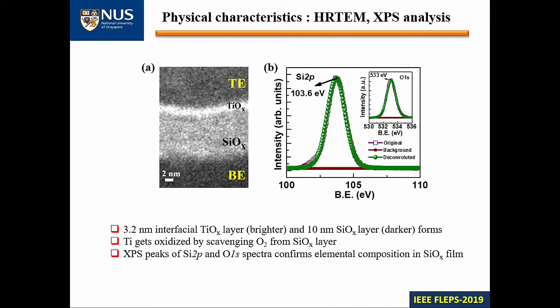Next, we first introduce the physical characterization of this device. From figure A, we can clearly recognize a 3.2 nanometer interfacial Ti oxide layer, the bright one, and then a 10 nanometer silicon oxide layer, the darker one.